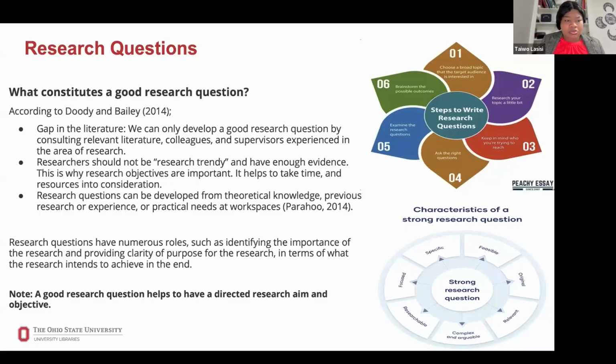Do your due diligence, make sure that you have enough literature to back up your research, relevant literature to be more precise, and just go for it. Go for something that is most meaningful to you, and that's how you can create a research question that will truly stand the test of time for you personally.